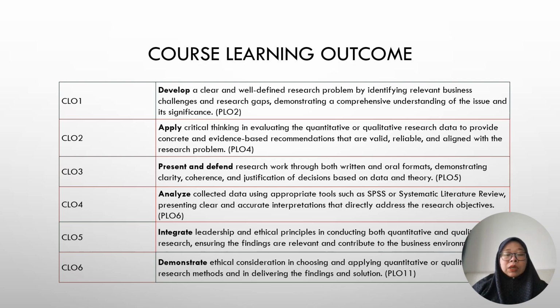CLO 4 is to analyze the data collected. CLO 5 is to integrate leadership and ethical principles in conducting both quantitative and qualitative research. And finally, CLO 6 is to demonstrate ethical consideration in choosing and to apply the correct methodology, either in quantitative or qualitative research.